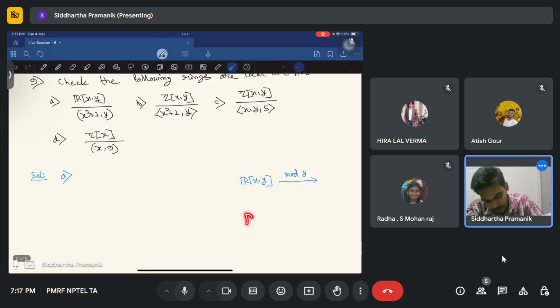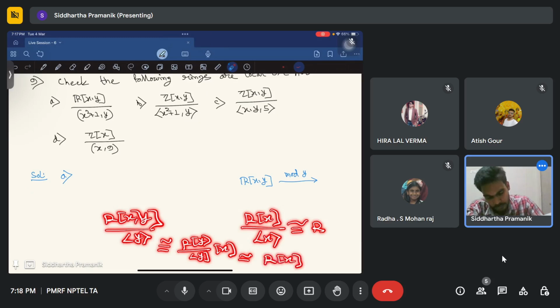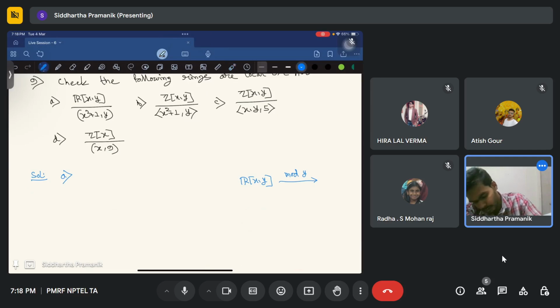Recall that R[x] modulo the ideal generated by x is isomorphic to R, right? This is something which we have done. So using the similar idea, R[x,y] modulo y, you can think of as R[y] mod y attaching x. So these are isomorphic, and this is R[x]. So if you go modulo y, you will get R[x].